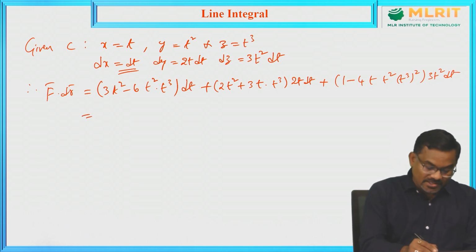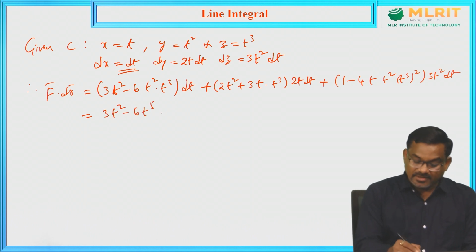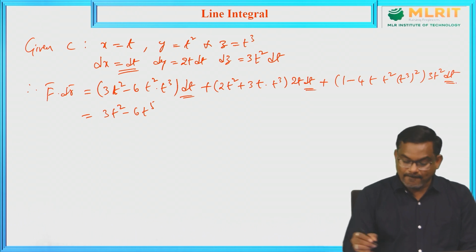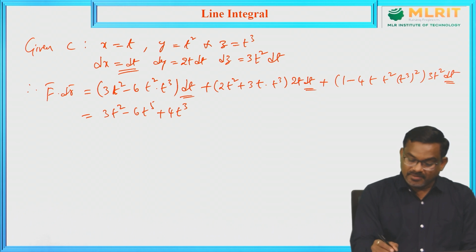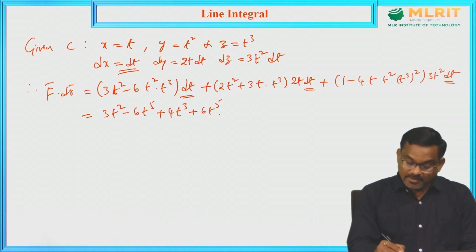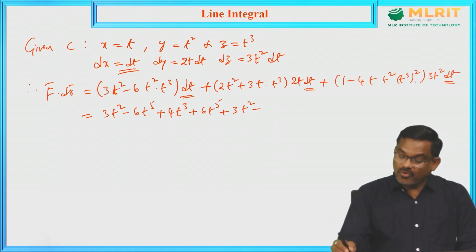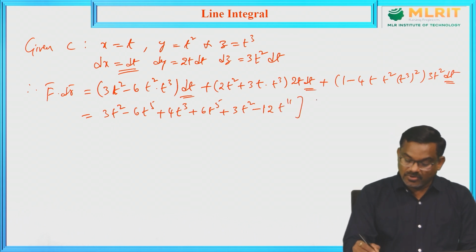So, here (3t square minus 6t power 5), we can take this dt common, plus the next term (2t square into 2t is 4t cube, plus 3t into t cube is 3t power 4, into 2t is 6t power 5), plus (1 minus 4 into 3, 12 t into t square into t cube into 6 t power 6, so t power 9, 12 t power 11) whole into dt.